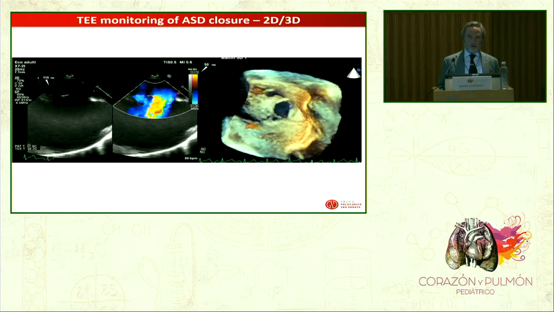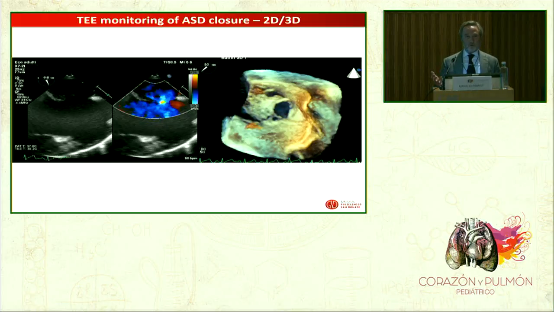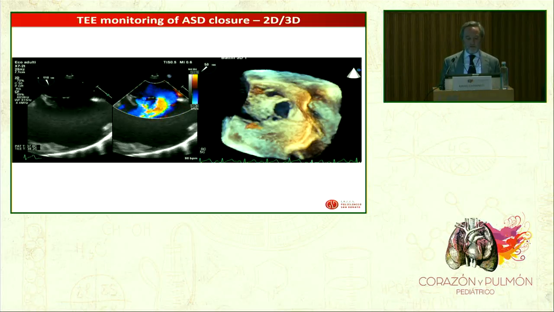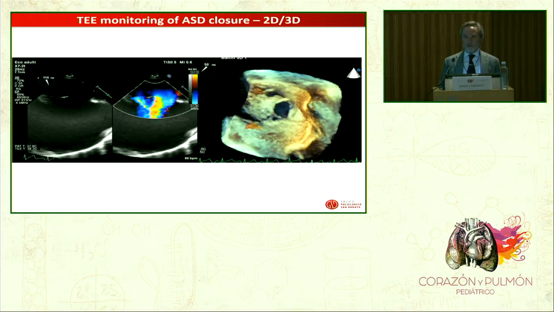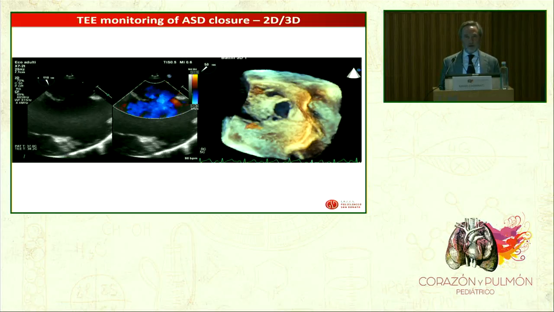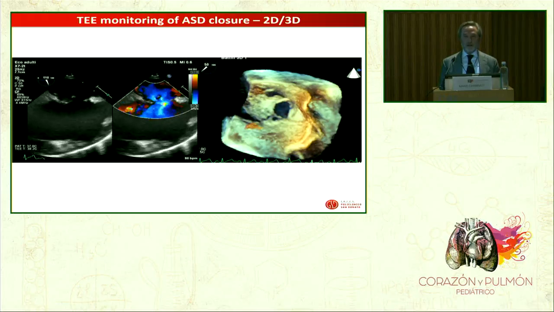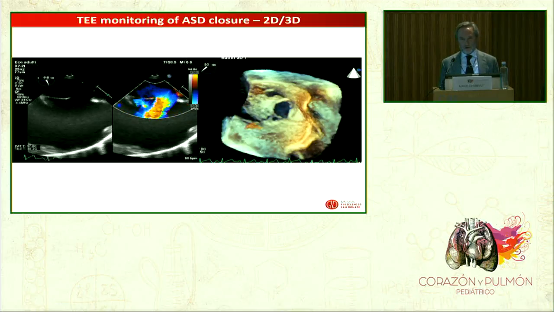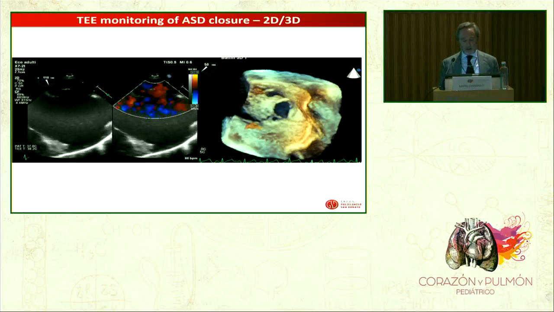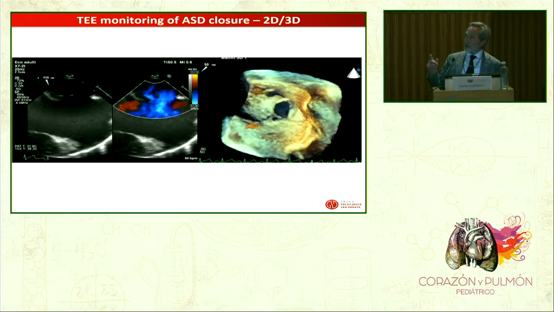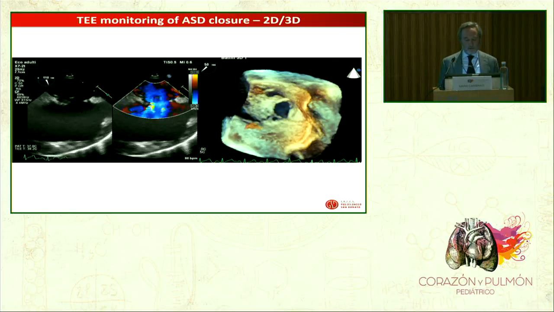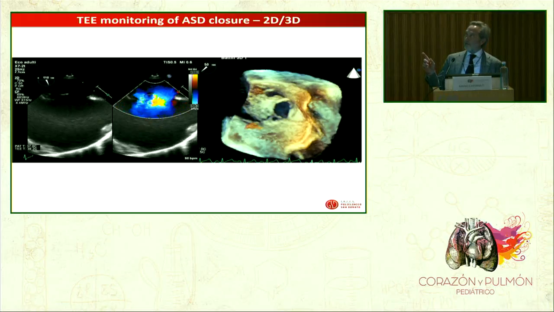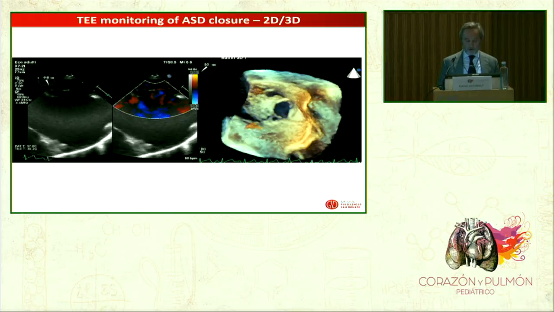Well, changing the topic, going towards the atrial septal defects, for example, a major advance achieved some years ago was from 2D to 3D reconstruction of the anatomy of the atrial septum. This is a 2D, you see a double defect in this particular case, and very well visualized with 3D reconstruction.